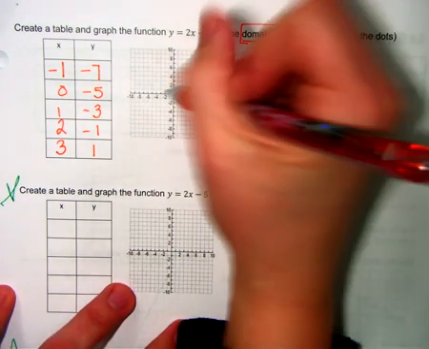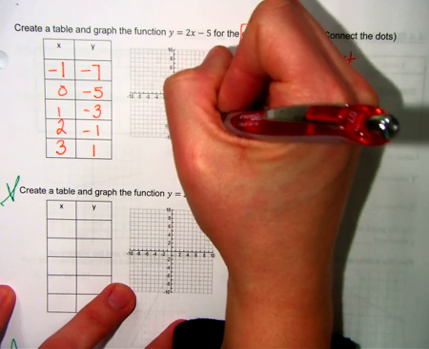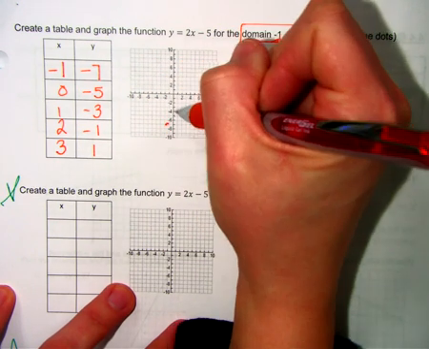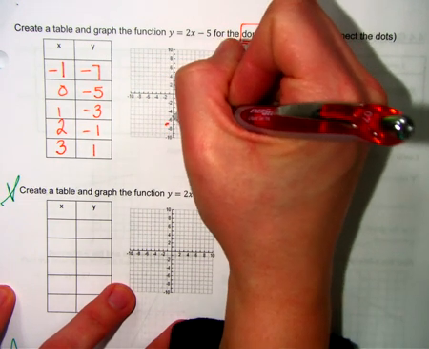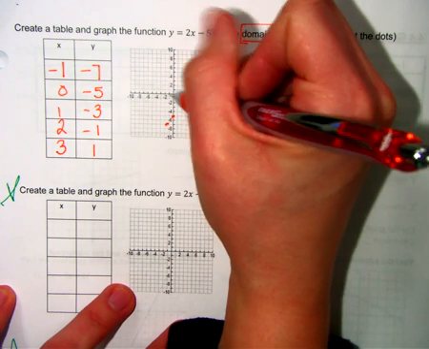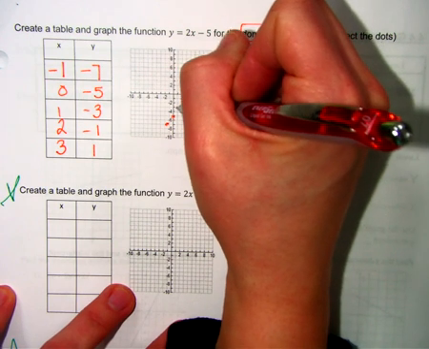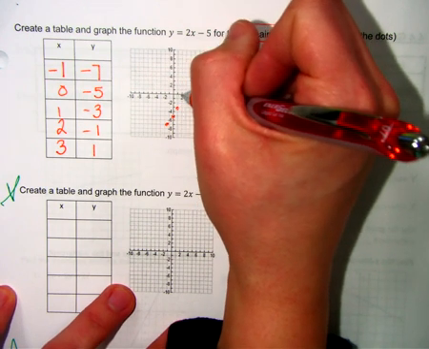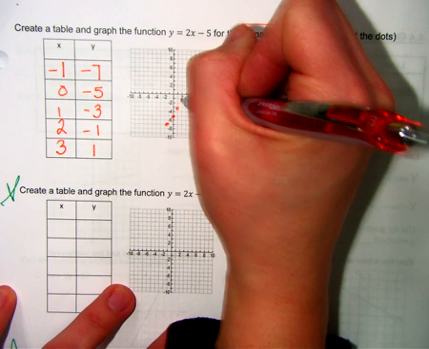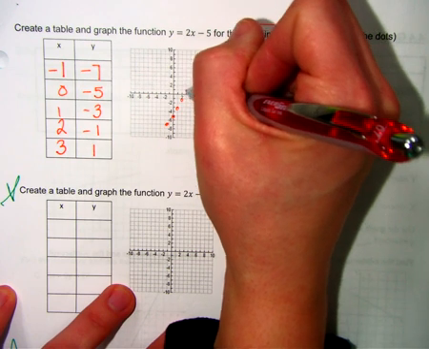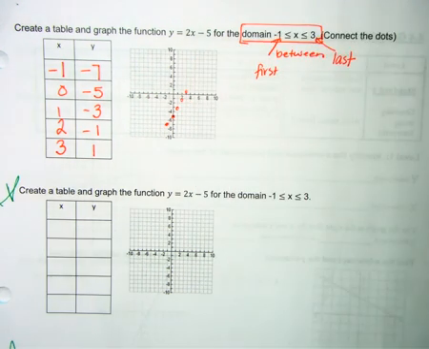Let's put those on the graph. So -1, -7. 0, -5. 1, -3. 2, -1. 3, 1.